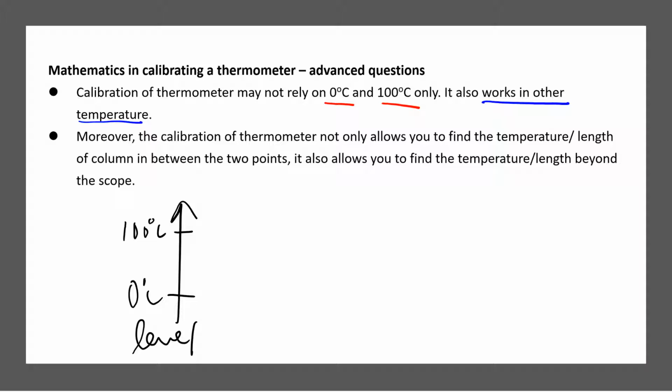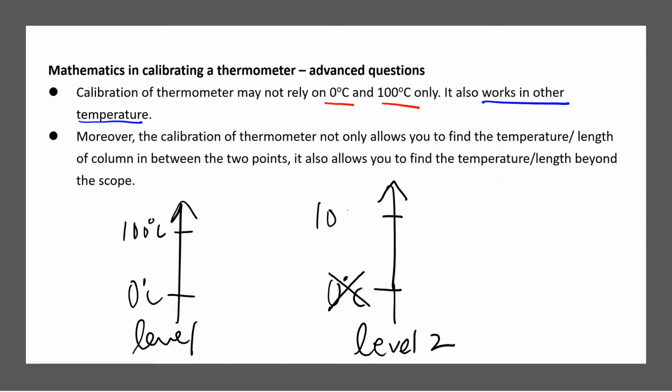Now we're going to study a more advanced one, level 2, which is not 0 degrees or 100 degrees. They can be other degrees Celsius.